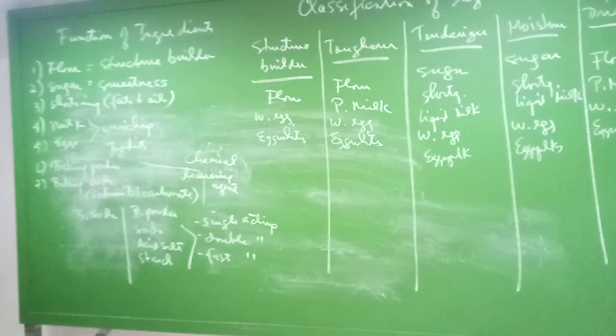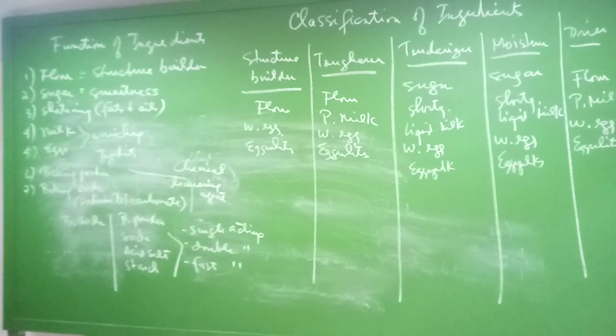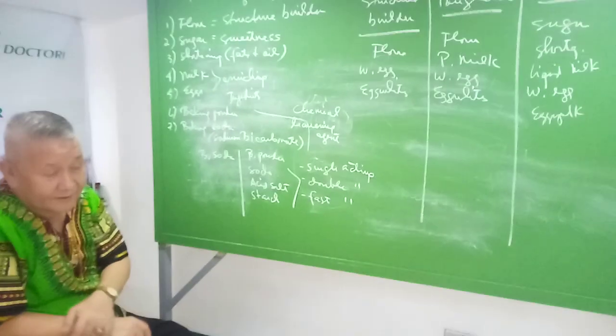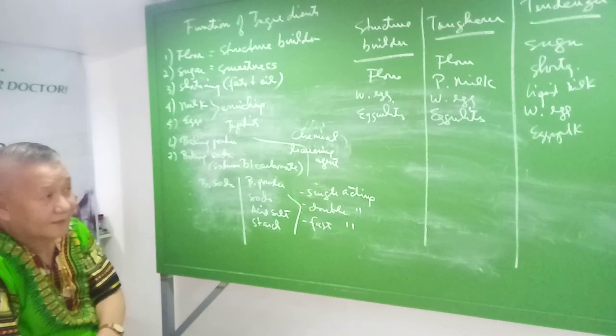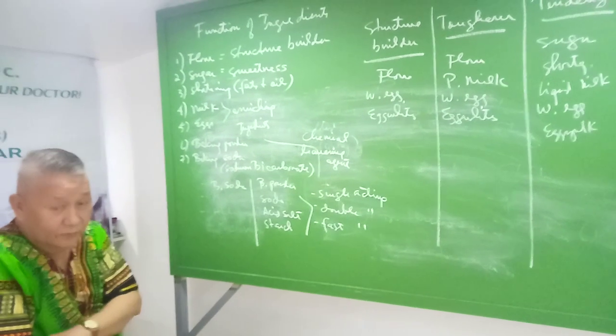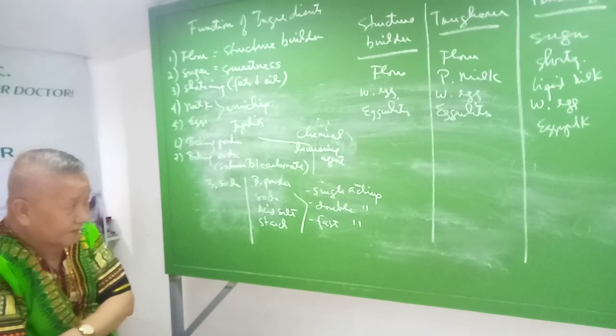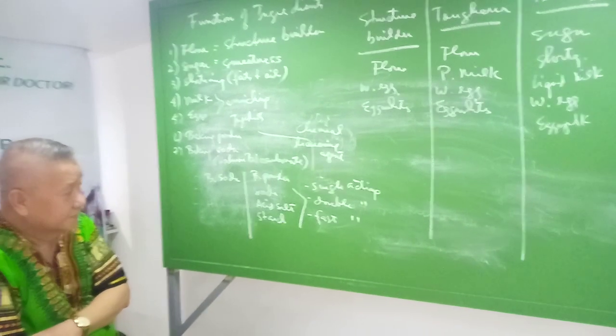Okay? Now, pag sinabi natin single acting, meron siyang isang chemical that makes our product to rise pag nainitan sa loob ng oven. That's why we call it single acting baking powder.